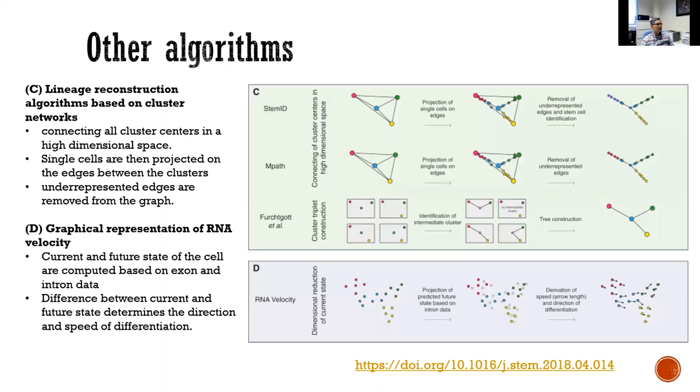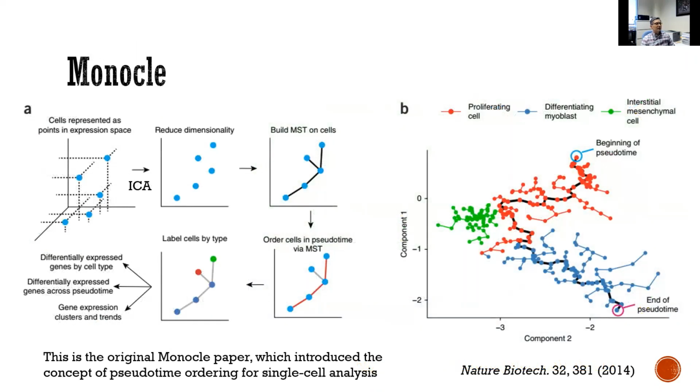And there are other algorithms as well, the so-called cluster networks, and also most recently the RNA velocity method, which is based on the splicing site to infer the transcriptome change between cells in different states. Okay, so that's the principle.